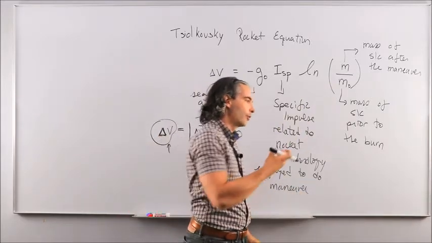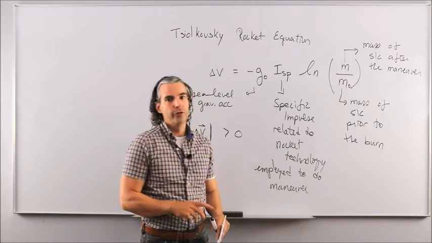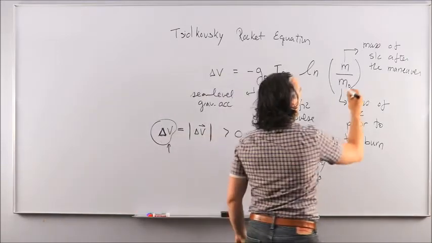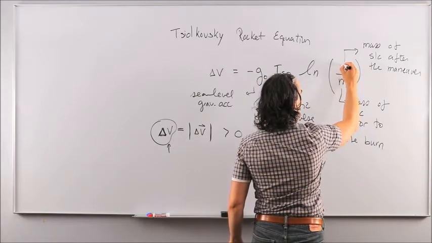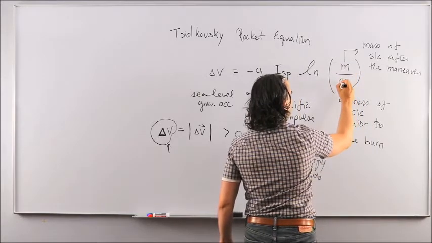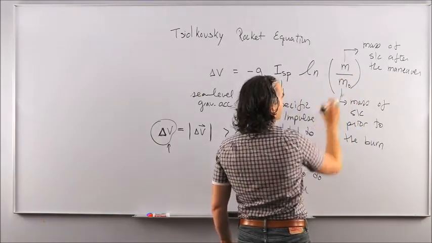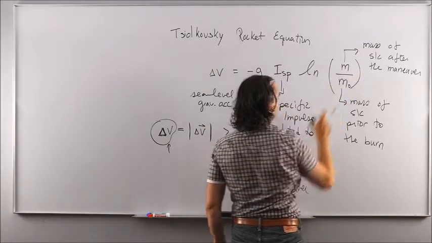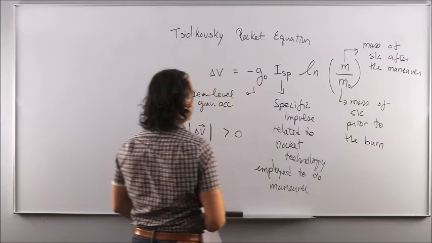So every time you perform one orbital maneuver, the fuel left is less than before, okay? So this number will always be smaller than this one. So final mass after the maneuver, and then the mass right before performing the maneuver.